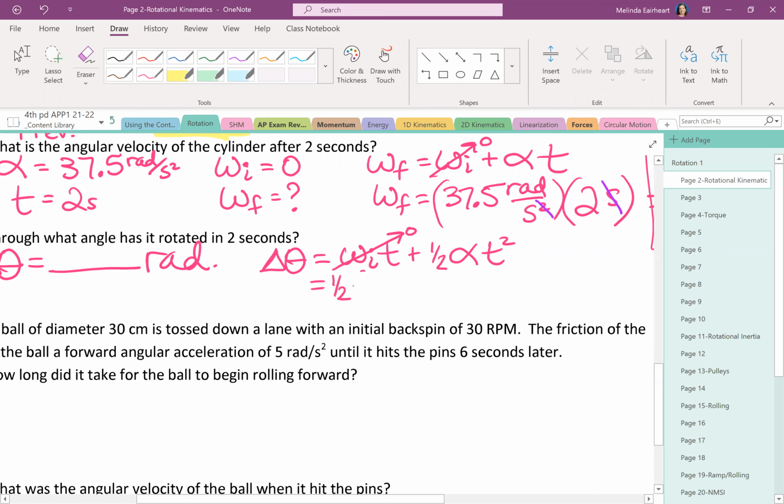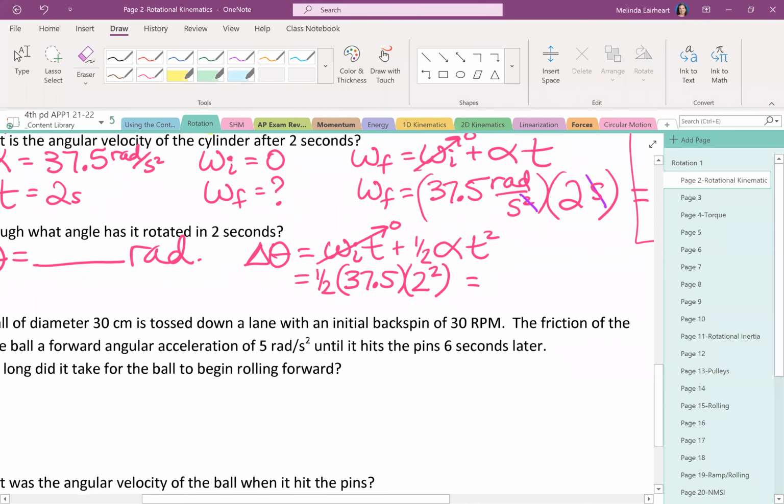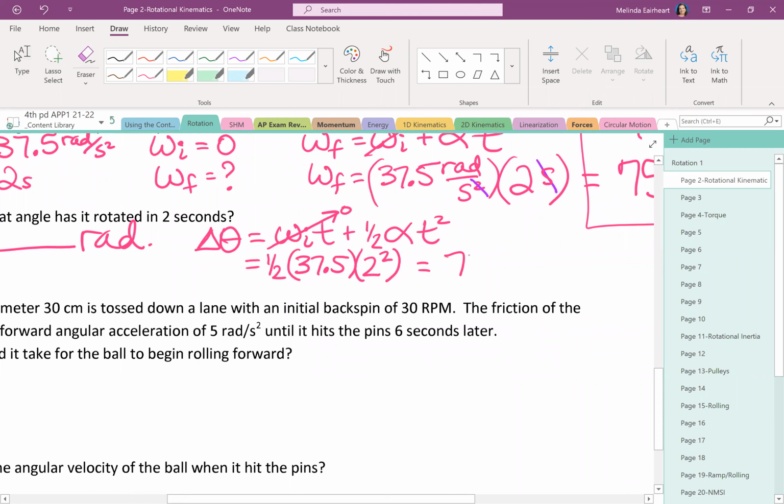And so it's just 1/2 of 37.5 times 2 squared. 2 squared is 4. 1/2 of 4 is 2. What's 2 times 37.5? We're back to 75 again, but now our unit is radians, okay?